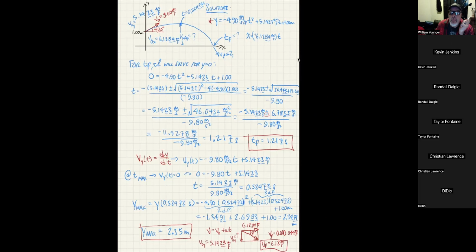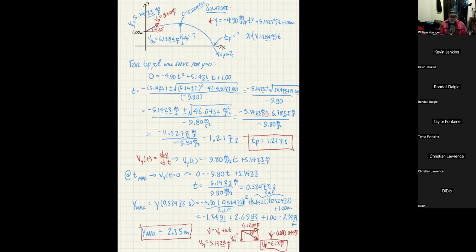Why is V final 6.13 when you had it as 0.000044 meters per second? If you take the square of 6.1284 and add that to the square of 0.000044, the VF squared does not register within the sig figs of 6.12 squared.